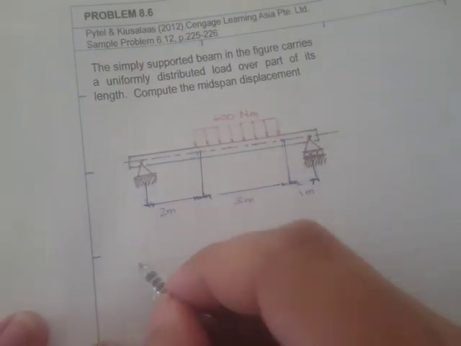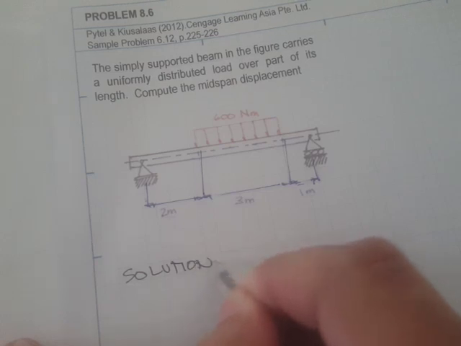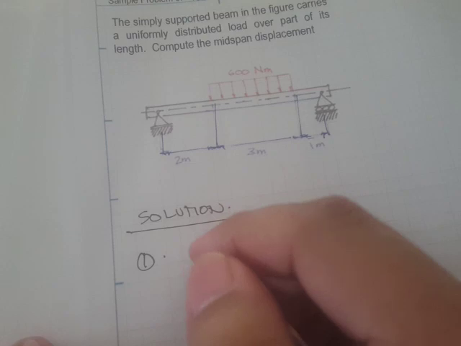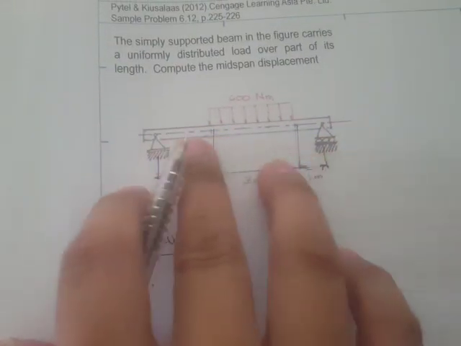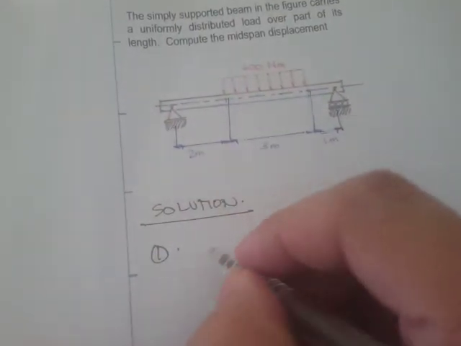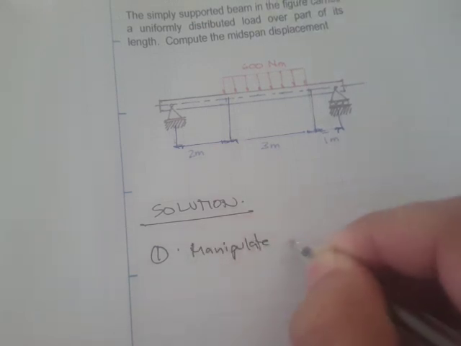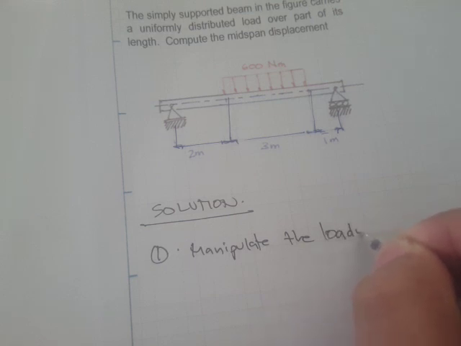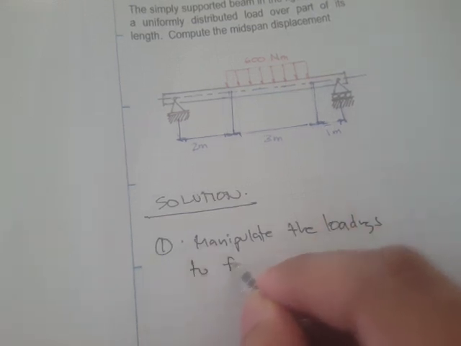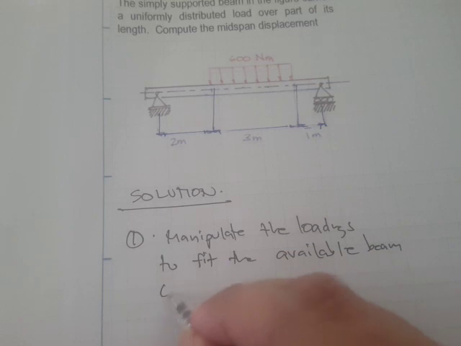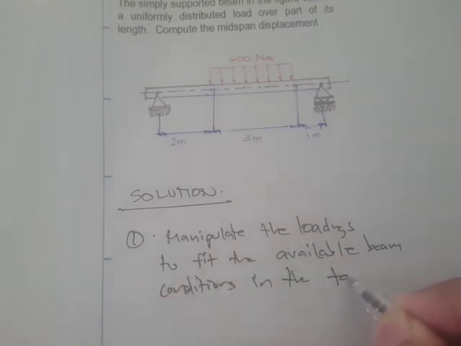So for this solution, the first step is to actually separate the loadings, but we don't have anything to separate here, so rather we'll use the term manipulate the loadings to fit the available beam conditions in the table.